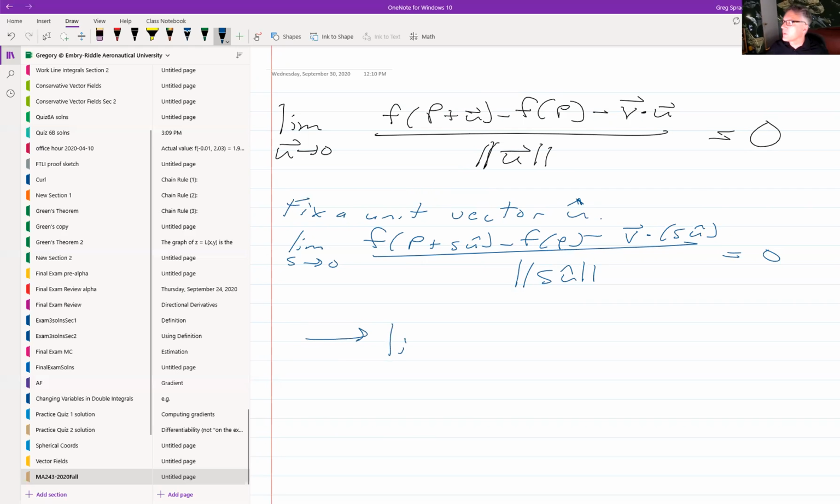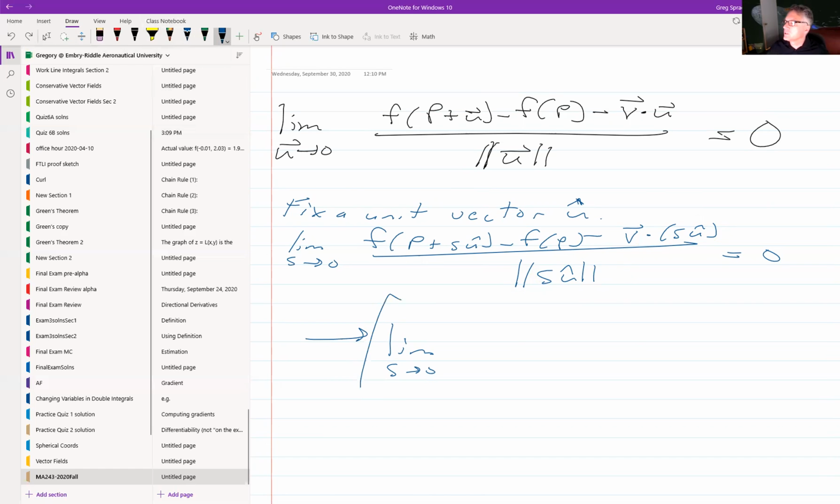Now we can simplify this. The s's cancel each other out, so we can pull them out of the limit, and the rest of it is just the directional derivative.